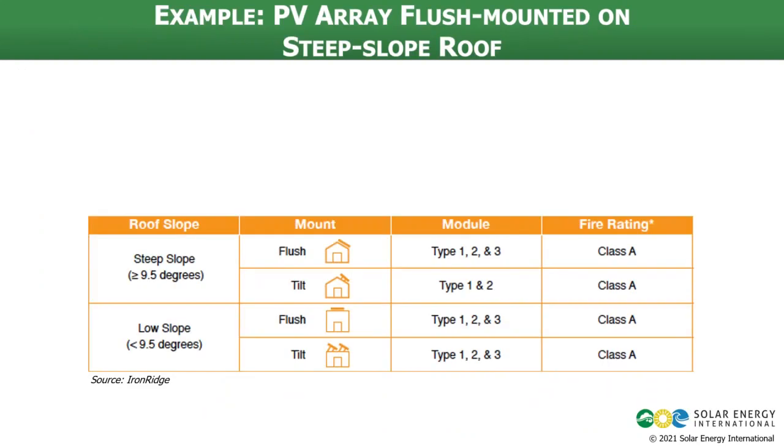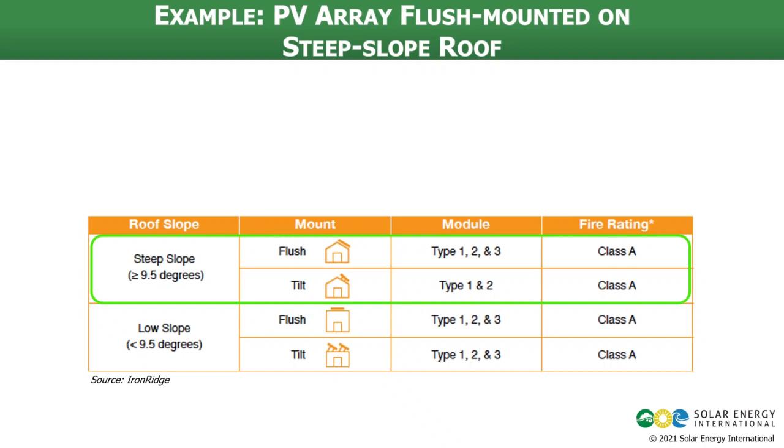Okay, now we'll go through an example using information from our friends at Iron Ridge, a manufacturer of racking equipment here in the United States. So in our example, we're going to look at a PV array that's flush mounted on a steep slope roof. You can see the chart that we've taken from their installation manuals. We're going to focus on the information for the steep slope roof.